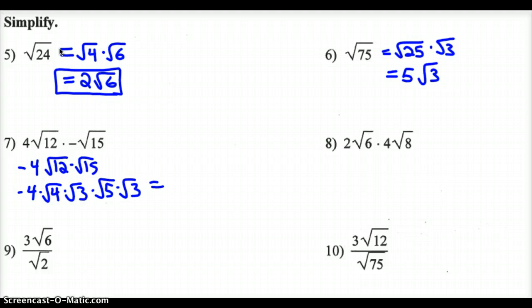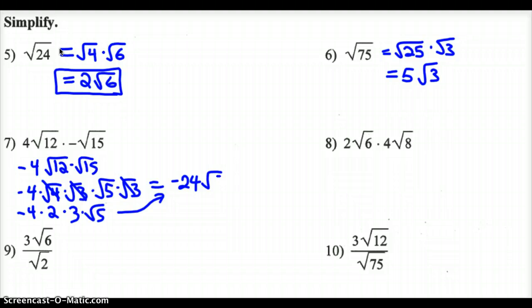Now, square root of 4 is 2. Root 3 times root 3 is 3. And we have root 5 kind of hanging out. So now that's going to give me the final answer of negative 24 root 5. Multiple ways to get there. This is just one.